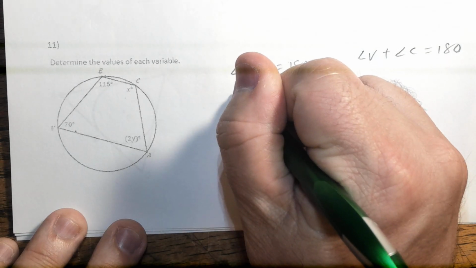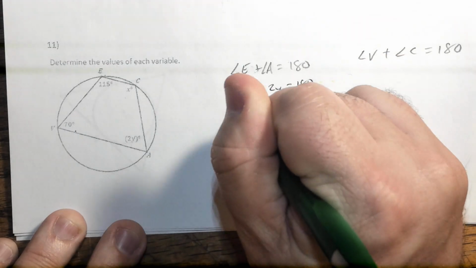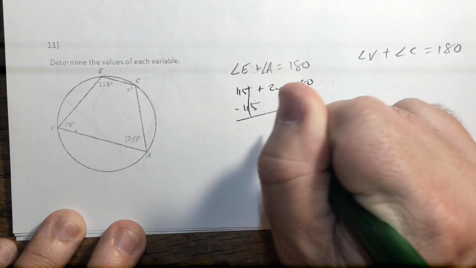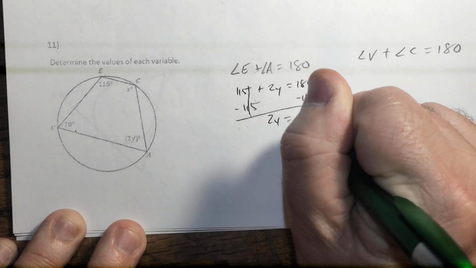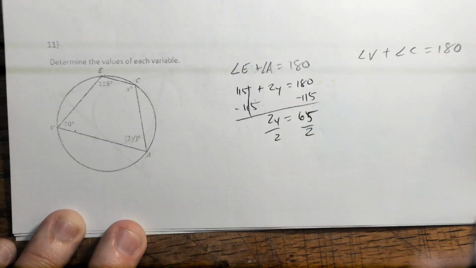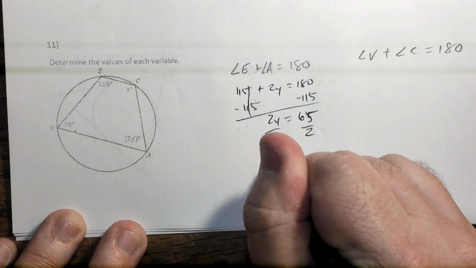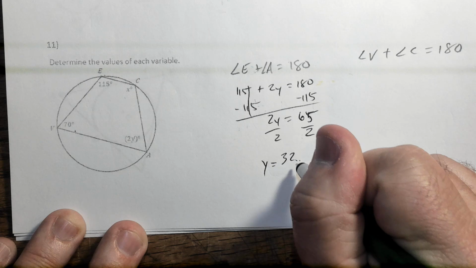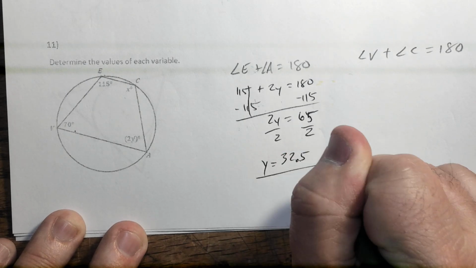Alright, so angle E is 115, angle A is 2Y, and then we got 180 here. Well, we're going to subtract the 115 from both sides. It's going to leave 2Y equal to 65. We've got to divide both sides by 2. Y is equal to 32.5.